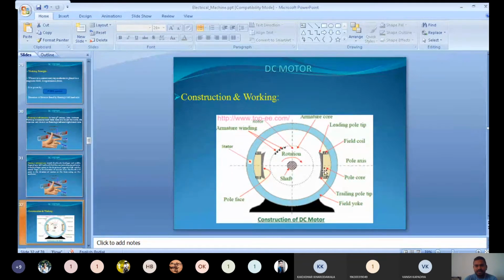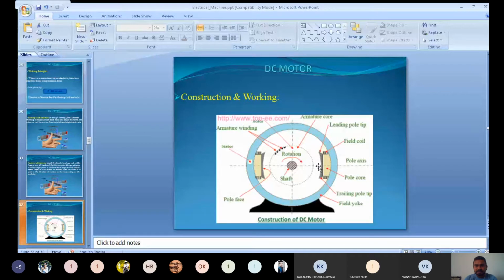The copper winding wound on this magnetic pole is known as the field coil, whether it is a series field winding or shunt field winding or both. So the winding wound on the magnetic pole is known as the field coil or field winding.